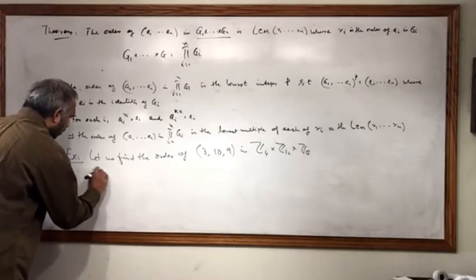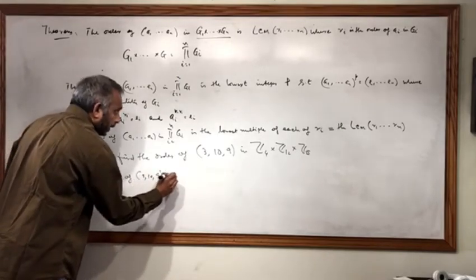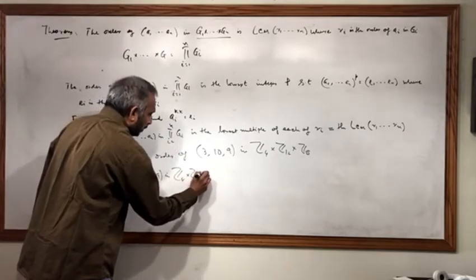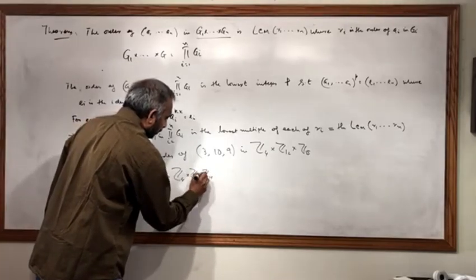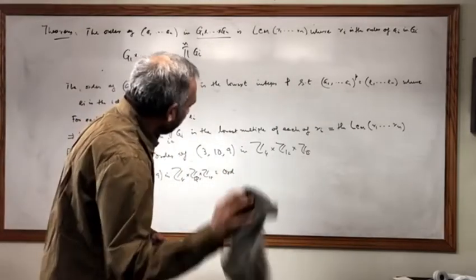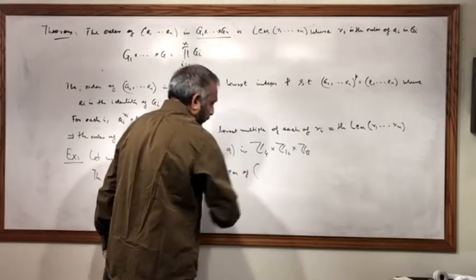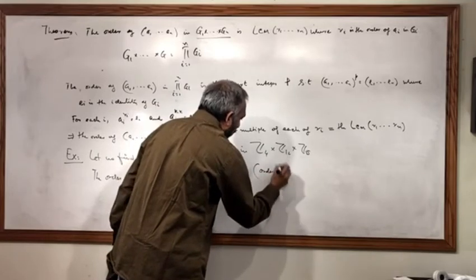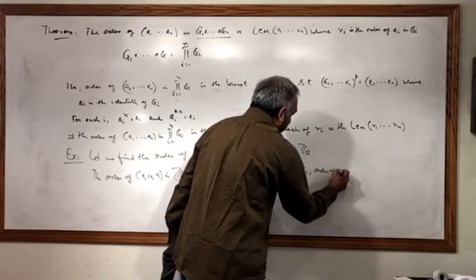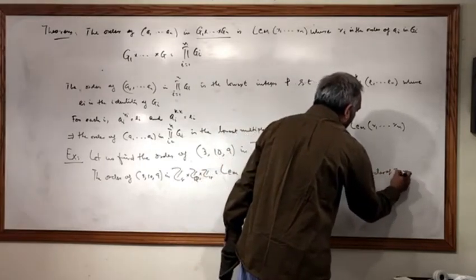So the order of (3, 10, 9) in C4 cross C12 cross C15 is equal to the LCM of the order of 3 in C4, order of 10 in C12, order of 9 in C15.